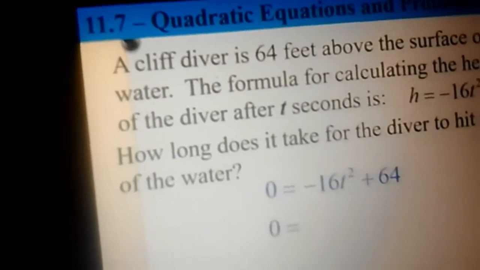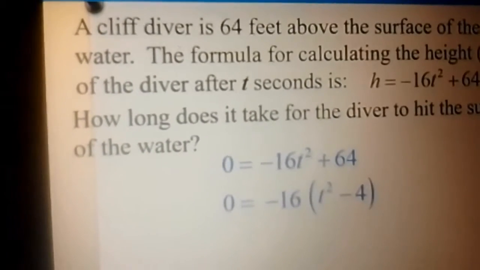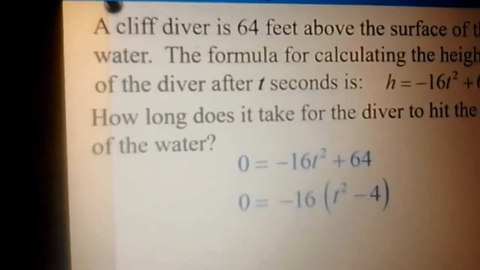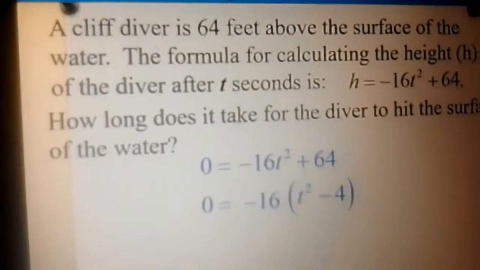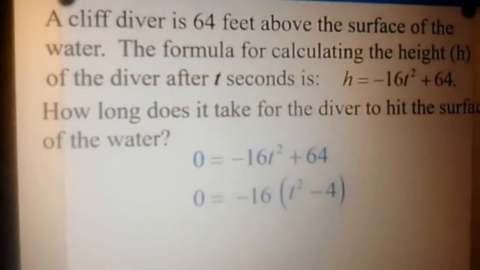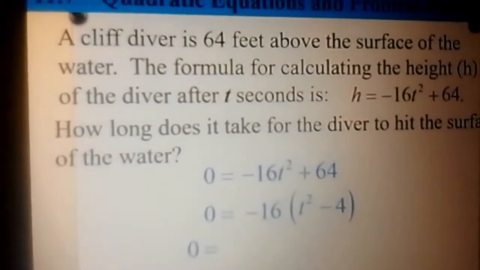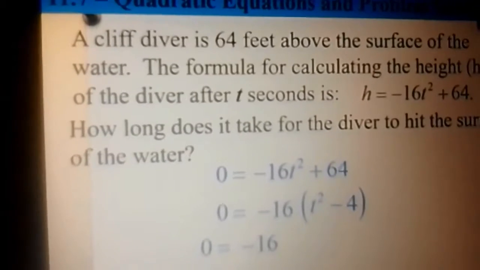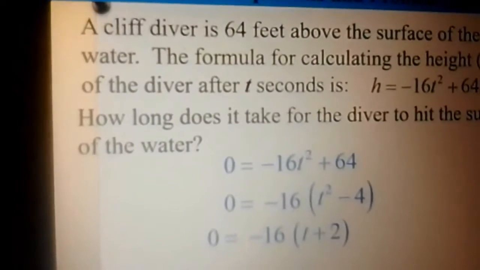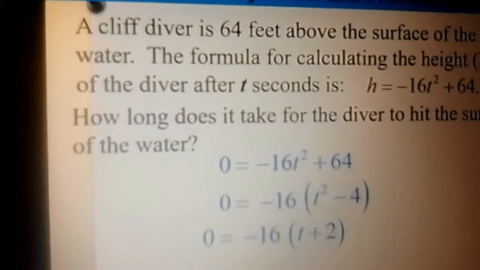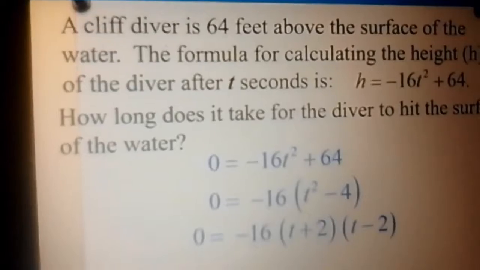Our height is equal to 0 and we can factor out 16, or specifically negative 16, so that we have t squared minus 4. After we factor out negative 16, we have 0 equals negative 16 times t plus 2 multiplied by t minus 2.